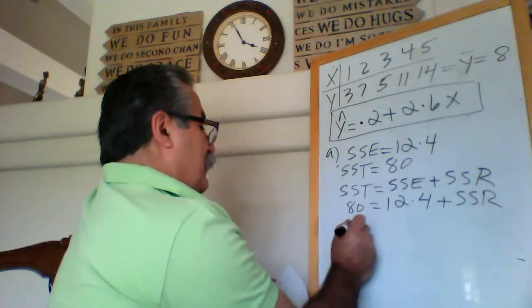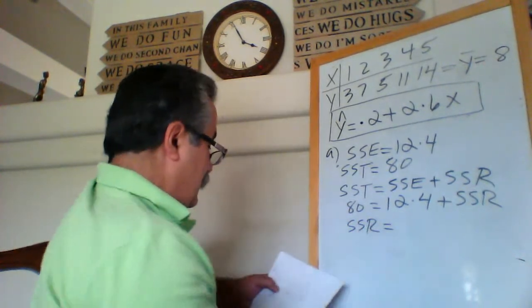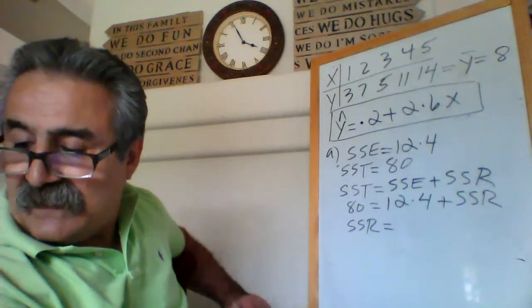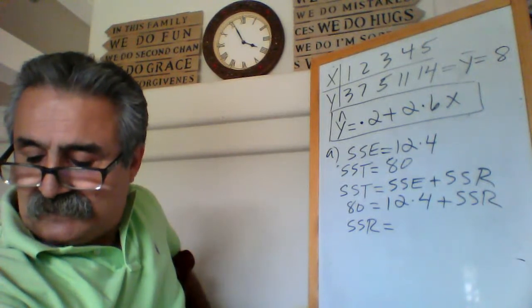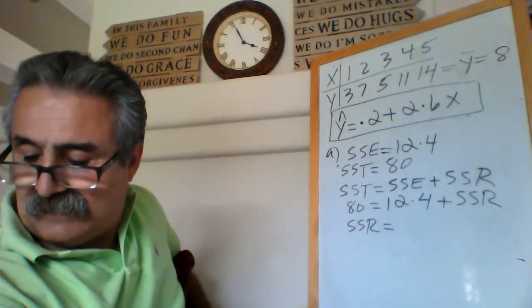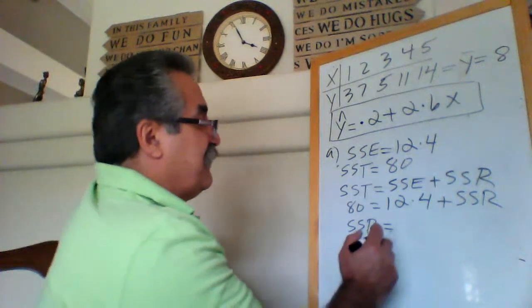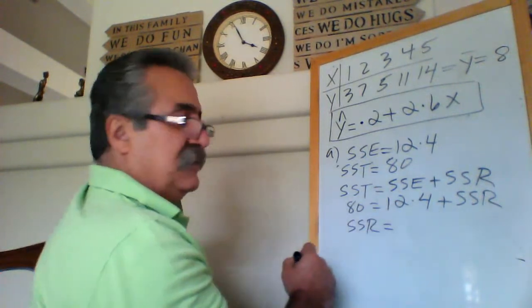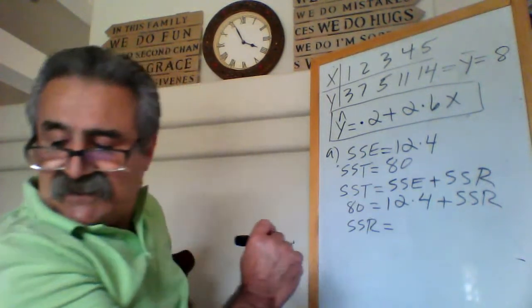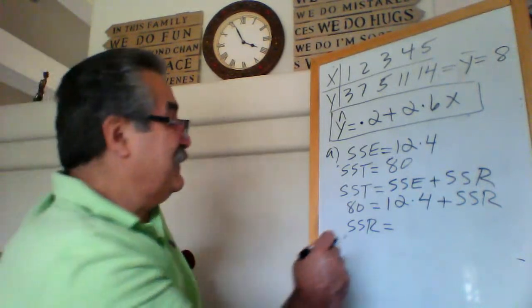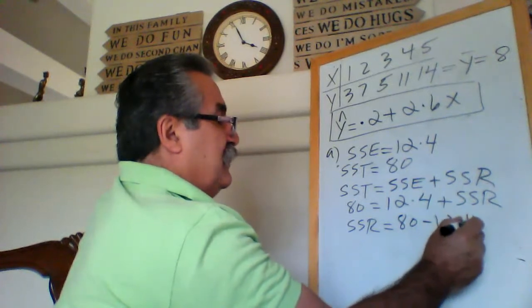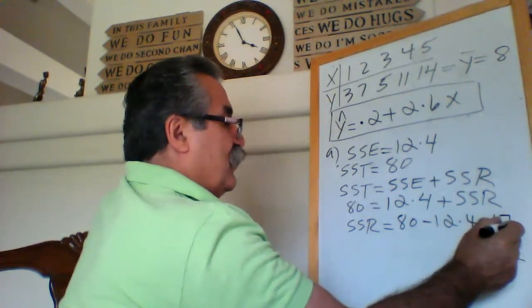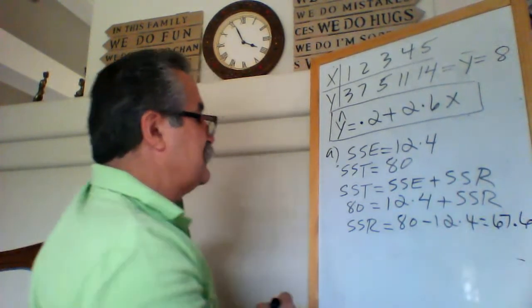So solving for SSR, that's 80 minus 12.4, that's 67.6.